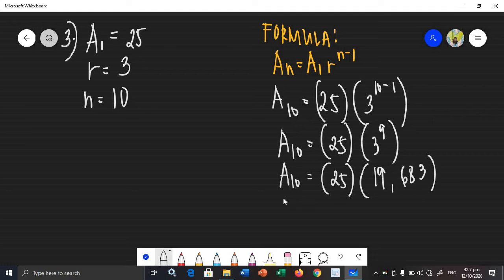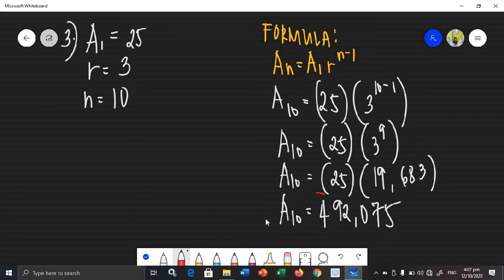19,683. And then for us to be able to find how many passengers are in the 10th carriage, we need to multiply 25 and 19,683. So the answer is 492,075.